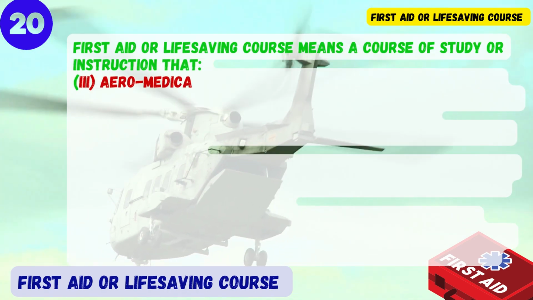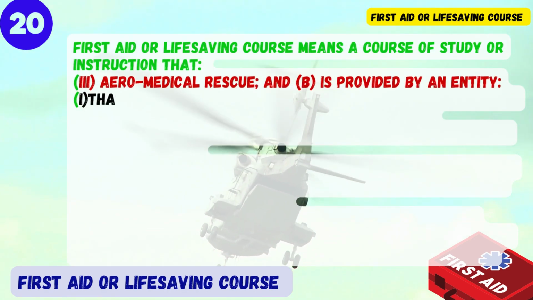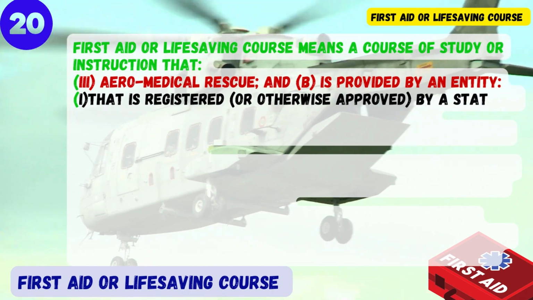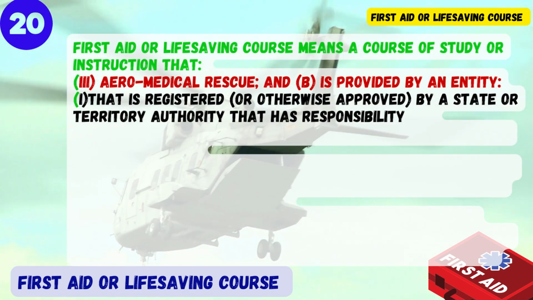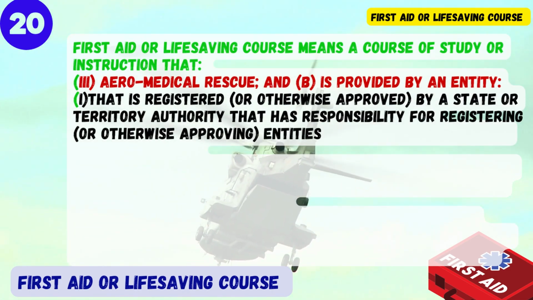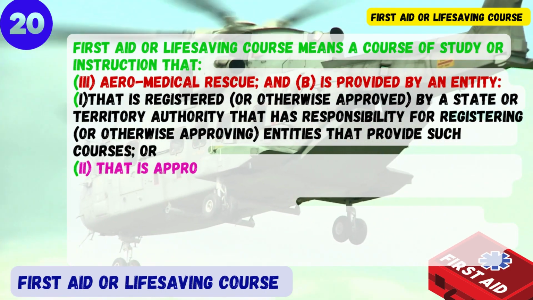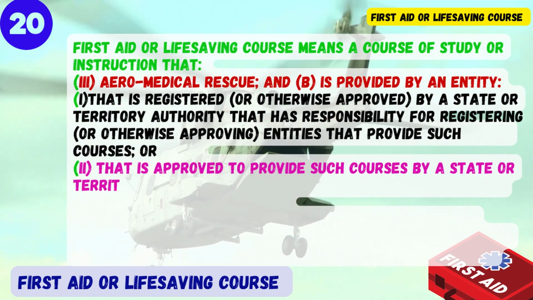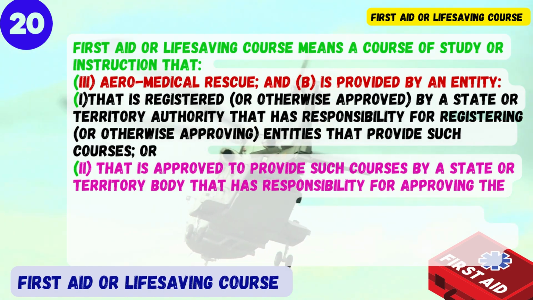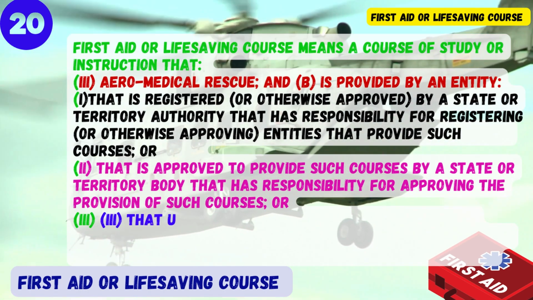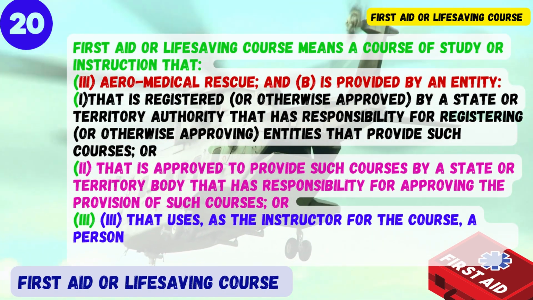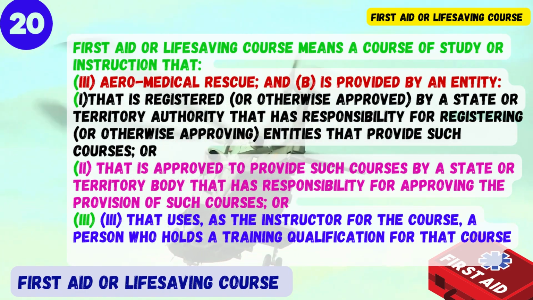B. is provided by an entity. 1. that is registered, or otherwise approved, by a state or territory authority that has responsibility for registering, or otherwise approving, entities that provide such courses. Or 2. That is approved to provide such courses by a state or territory body that has responsibility for approving the provision of such courses.